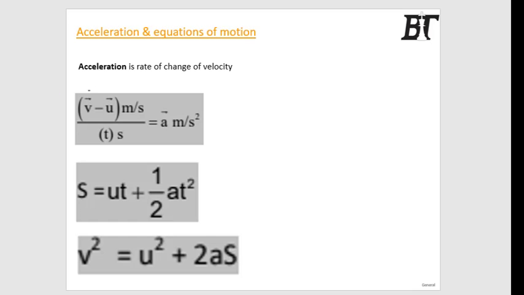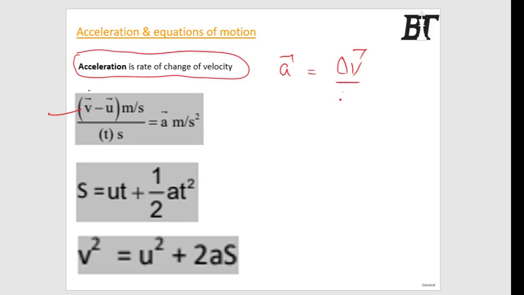After this, very important, we had studied the three equations of motion of uniform acceleration. तो उसके पहले एक्सेलरेशन को अपन डिफाइन कर देते हैं. एक्सेलरेशन इज रेट ऑफ चेंज ऑफ वेलोसिटी. बोले तो रेट ऑफ चेंज का मतलब क्या कि भाई वेलोसिटी कितना चेंज हुआ एंड कितने टाइम में हुआ. राइट, इट्स यूनिट वुड बी मीटर्स पर सेकेंड स्क्वायर.